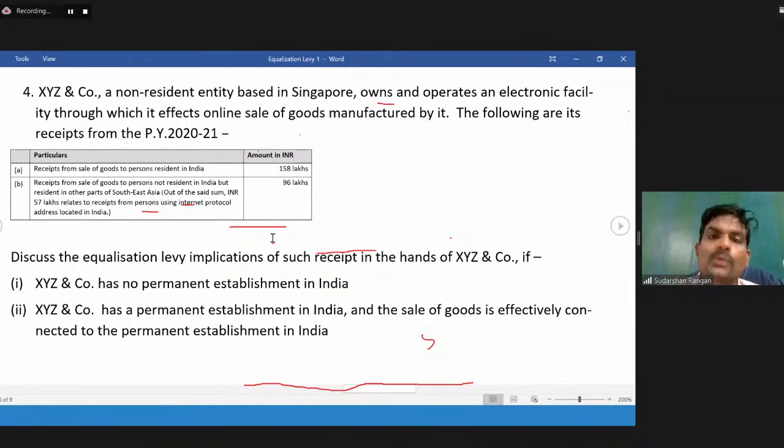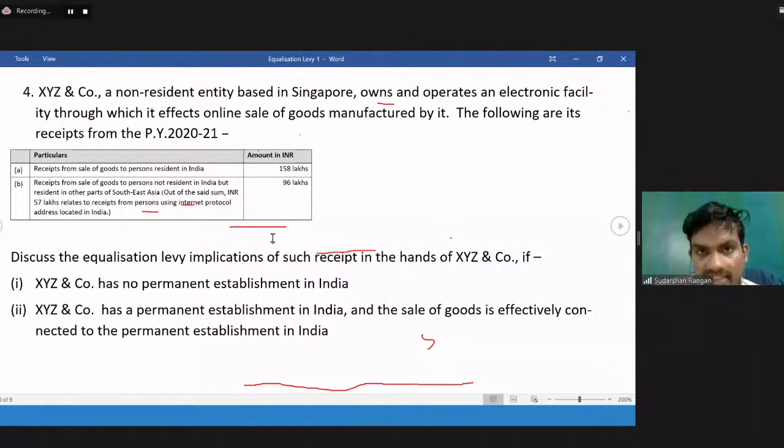From assessment year 22-23 it is available. For equalization levy 1.0, please don't worry, 10(50) is available for all assessment years. Only for equalization levy 2.0, equalization levy and the Income Tax Act can both function together for assessment year 2021-22.